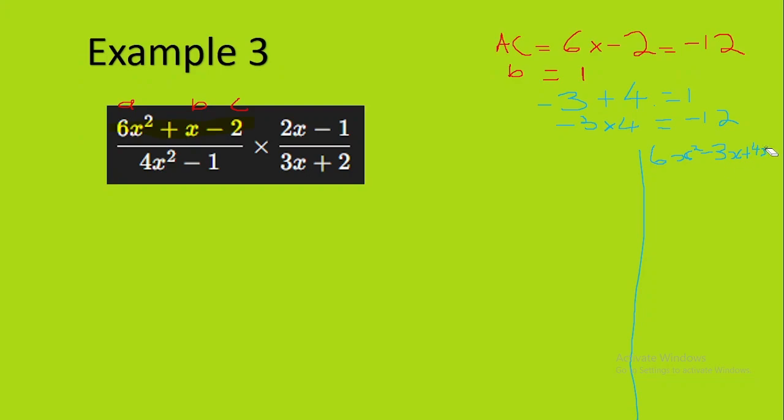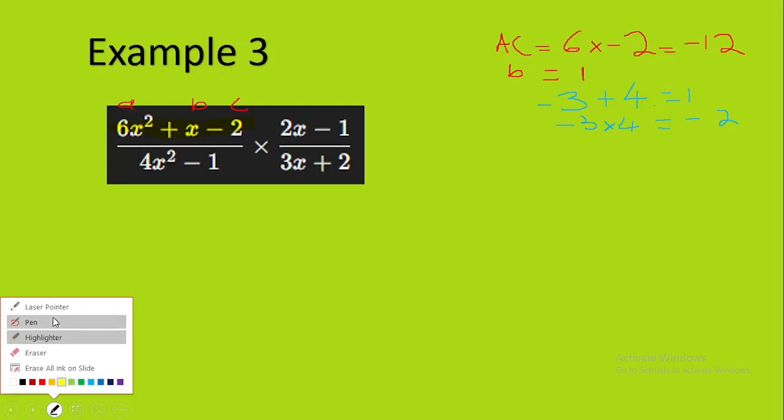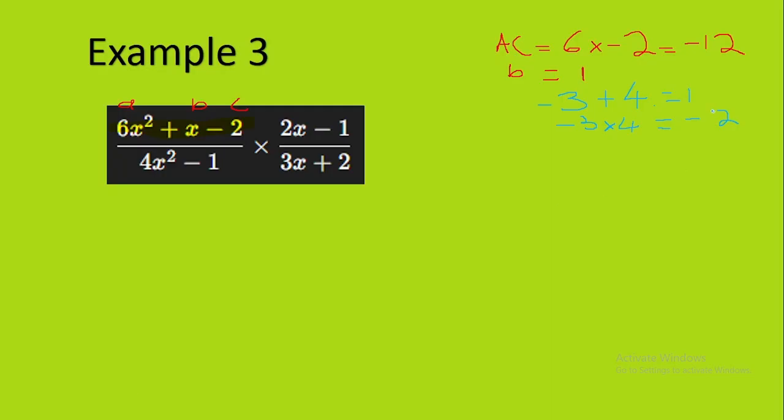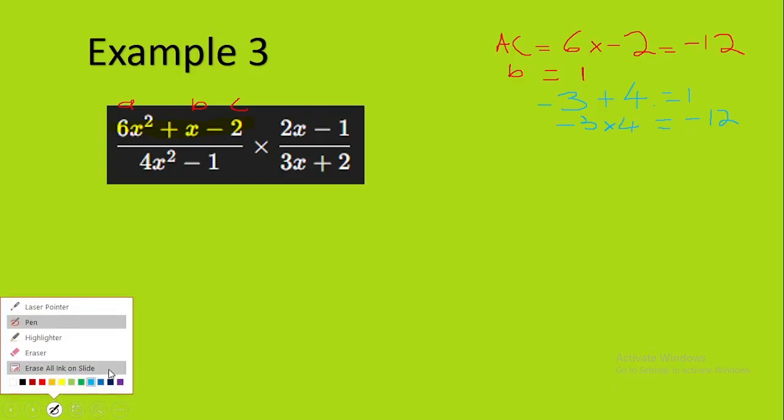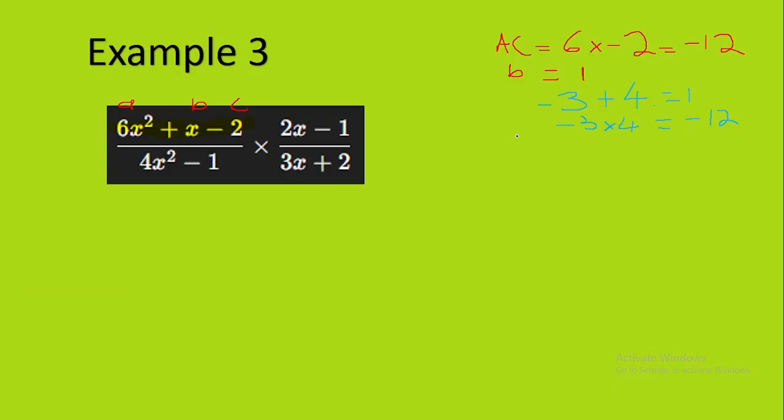Let me quickly erase. As I was saying, let's write it using a different pen. So we have our 6x plus, sorry, minus, because I'm going to use a 3 right here.